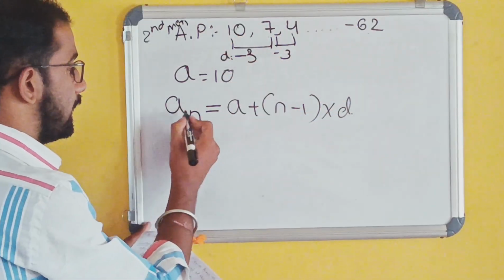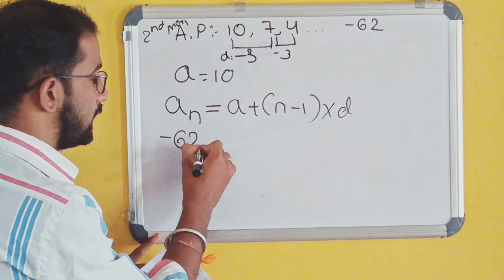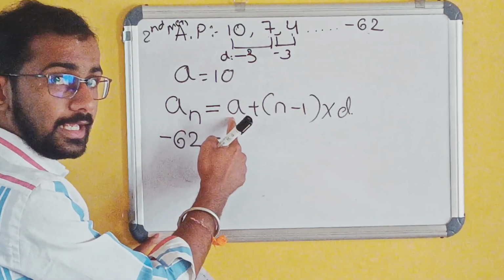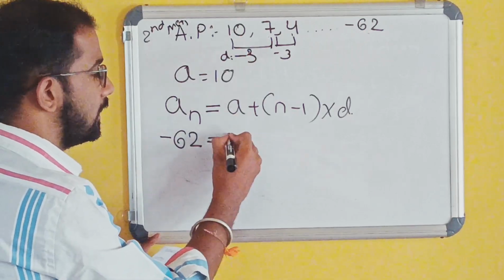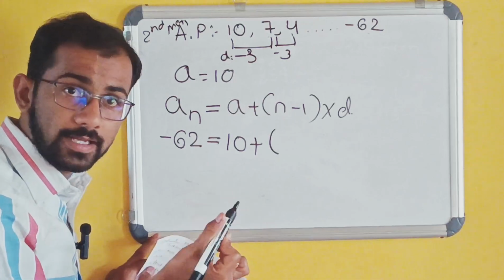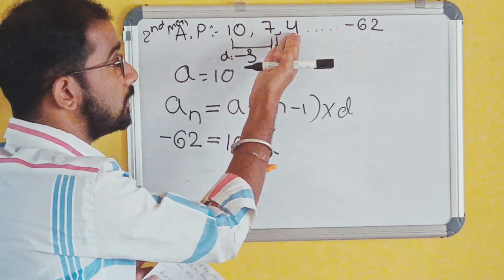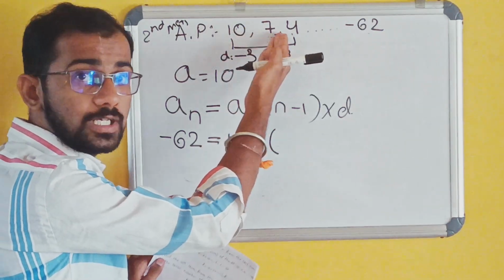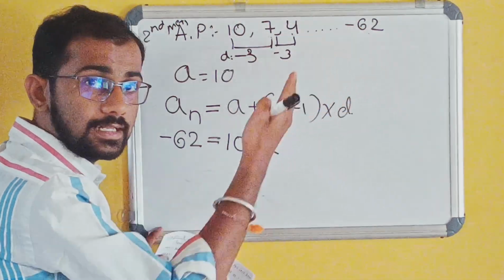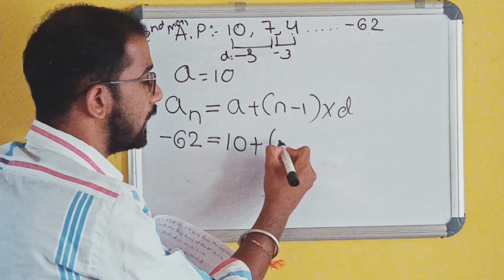So I am writing an as minus 62, equal to a, the first term, which is 10. N we don't know: how many terms are present from the first term to the last term. That is the task we need to calculate.